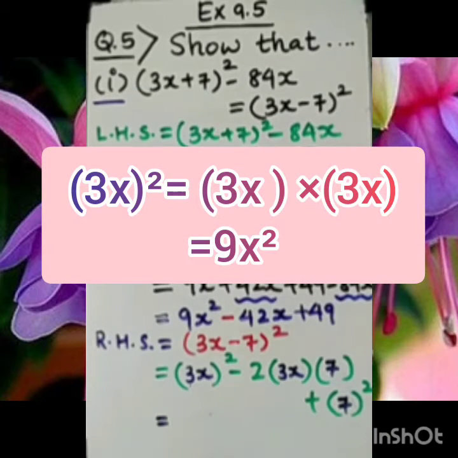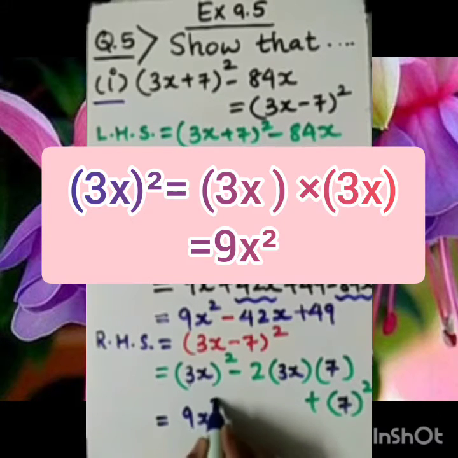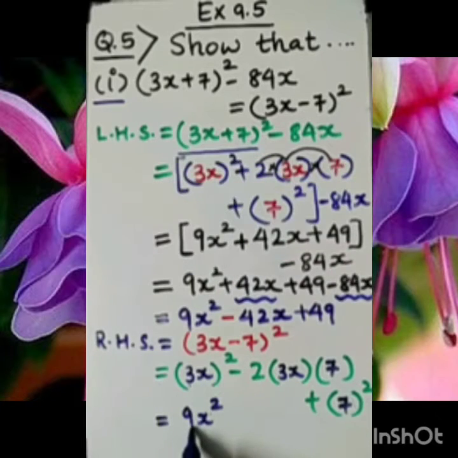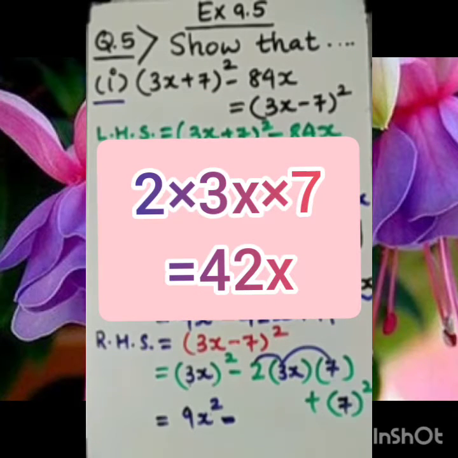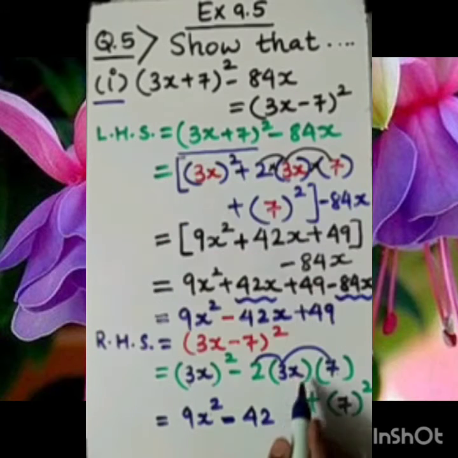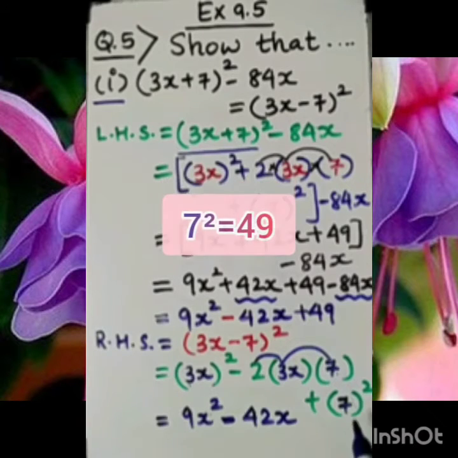(3x) whole square, so 3 square will be 9, giving 9x square, minus. Here it is minus 2 into 3 into 7, in multiplication. 2 times 3 is 6, 6 times 7 is 42. And this is x, so here it is 42x. Fine.